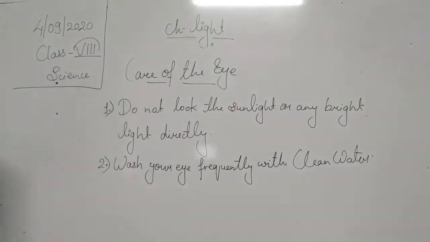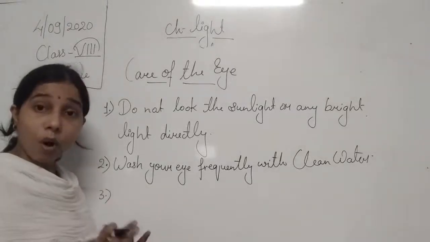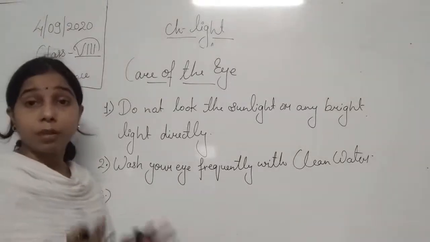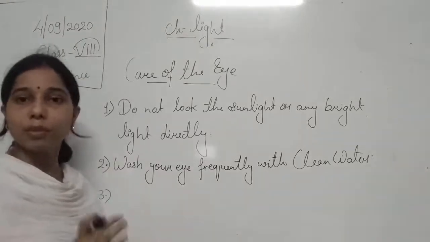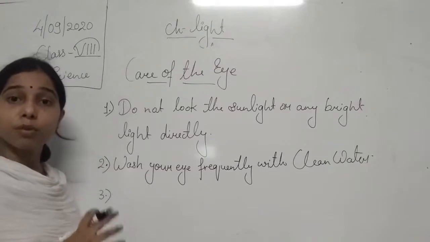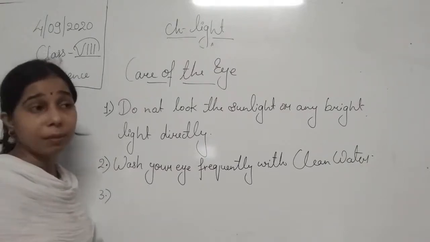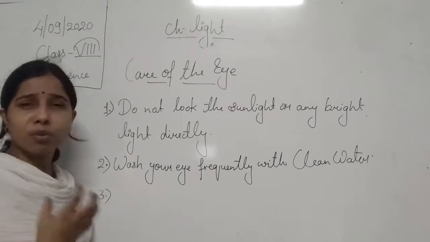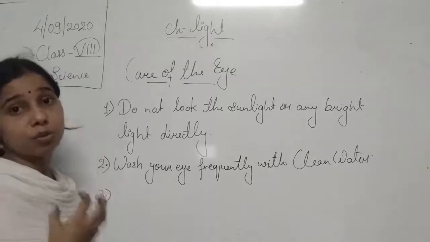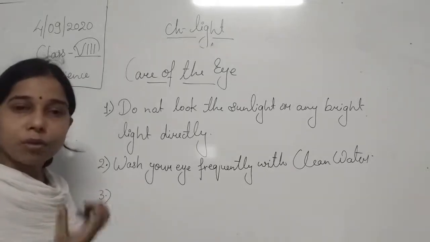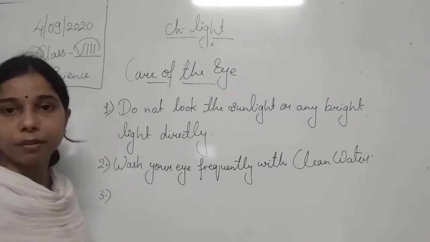Then the third one is avoid reading in a very dim light or in a very bright light. An optimum, or you can say proper, light should be there in which we should study. We should avoid reading in dim light, because you have to expand your eyes to see in the dim light, and you have to contract your eyes when you are looking at the paper in bright light.